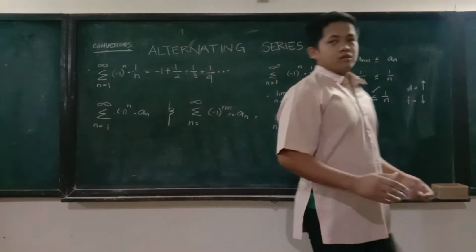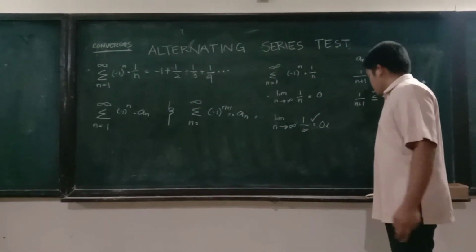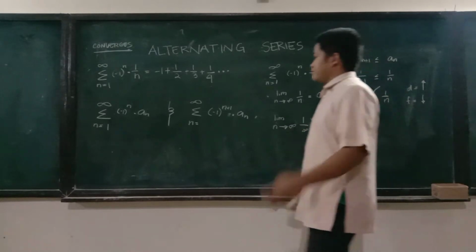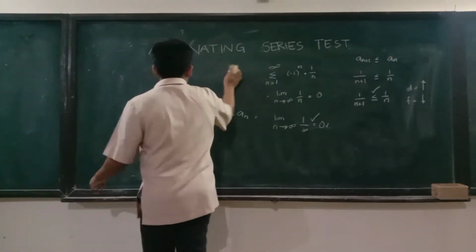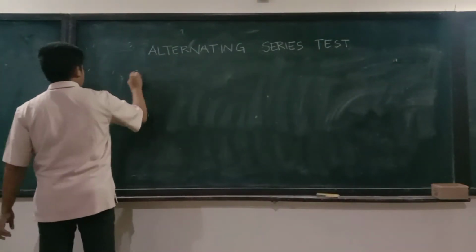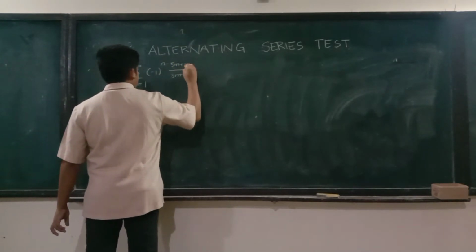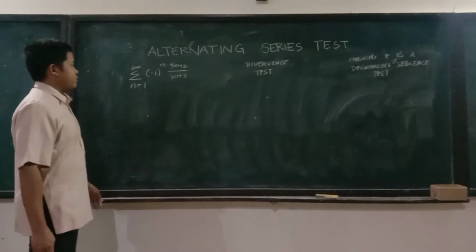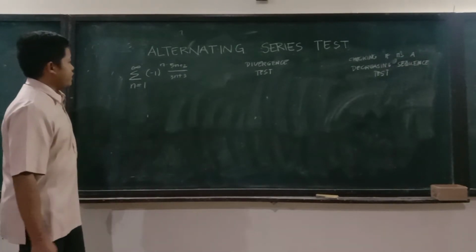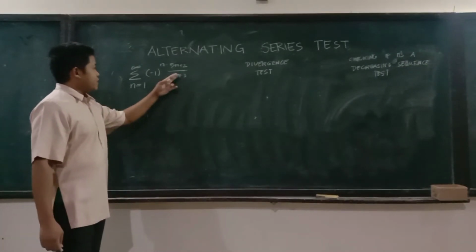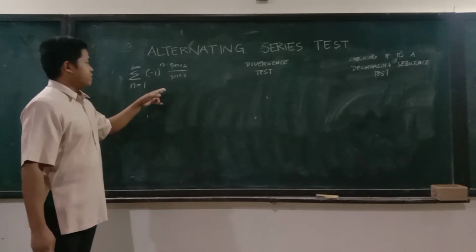So, without further ado, let's proceed to another problem. Here is our second problem, where a sub n is equal to 5n plus 2 over 3n plus 3.